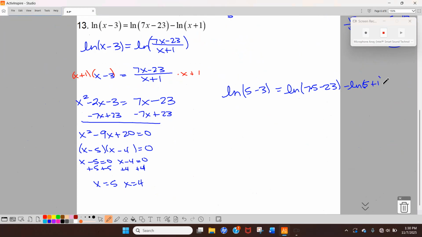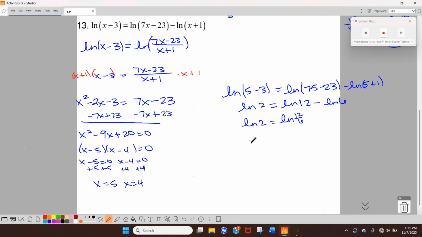All right, so check in the 5. This becomes ln of 2 equals ln of 35 minus 23. So ln of 12 minus ln of 6. And then these you're going to divide.